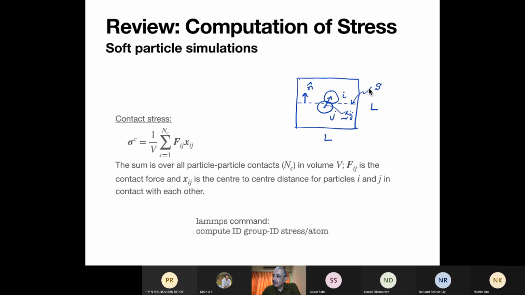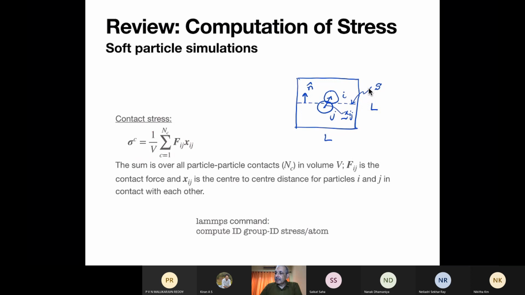So we had done this small derivation last time. And earlier I had told you also about this LAMMPS command, which you can use to get the stress per atom. This command actually gives you only this part on a per atom basis. Then you have to sum over all the particles and divide by the volume. Okay, so this was one thing.